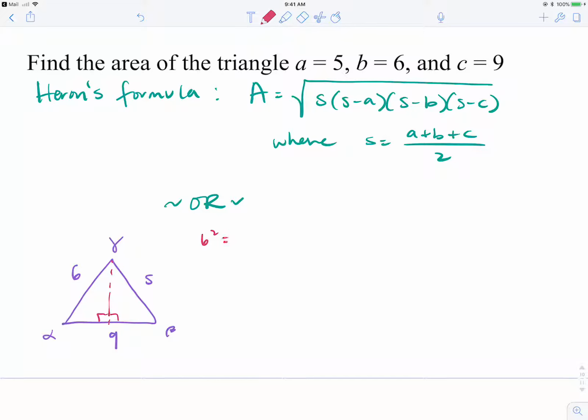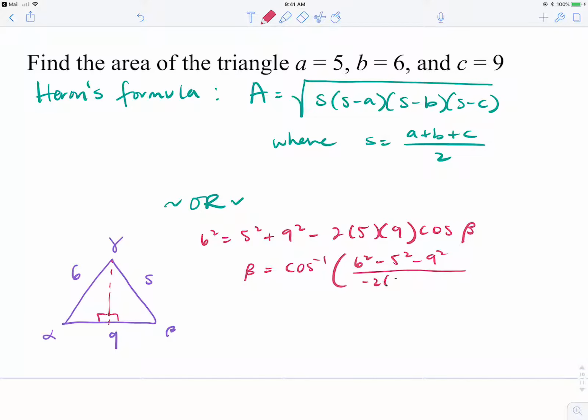So 6 squared equals 5 squared plus 9 squared minus 2 times 5 times 9 times cosine beta. Okay. So we can solve for beta, and then you could solve for the height of the triangle.